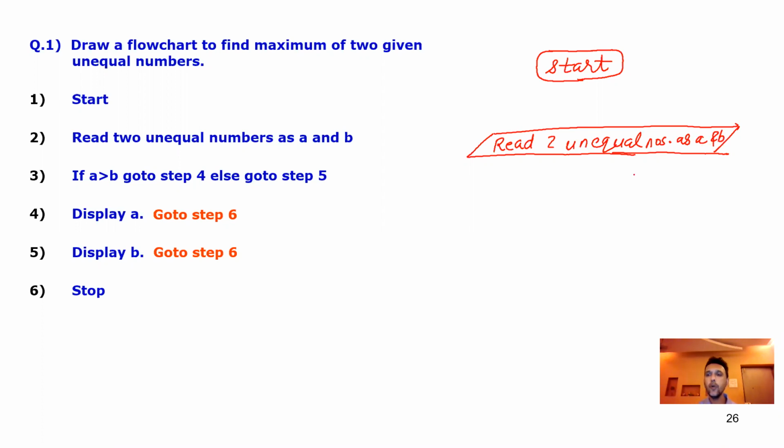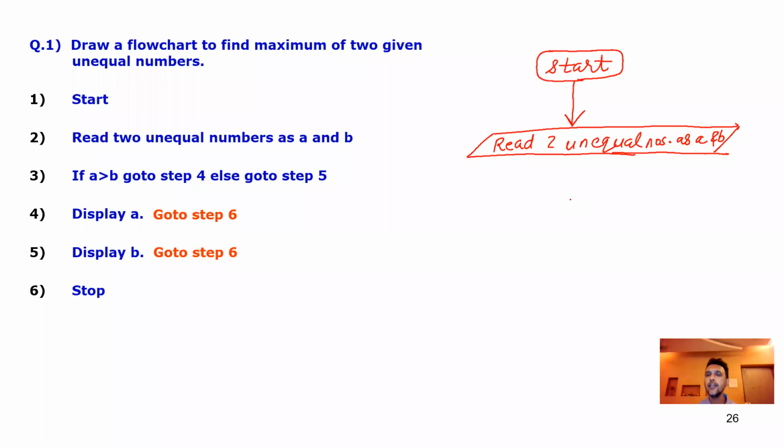Now, I hope you remember on the previous screen, you saw something called path. That path is basically an arrow which will connect two different symbols. So now I'll draw a path from start to the parallelogram. This means first I will execute start, then the parallelogram.